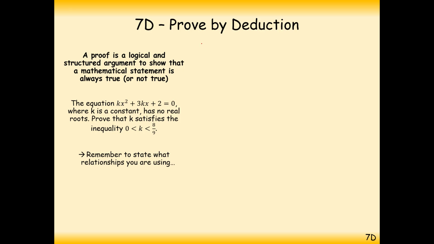It's just saying that it doesn't actually cross the x-axis. It's rather confusing. It means that it will never equal zero for any value of x because of the constants here. We're going to prove that k satisfies this inequality.